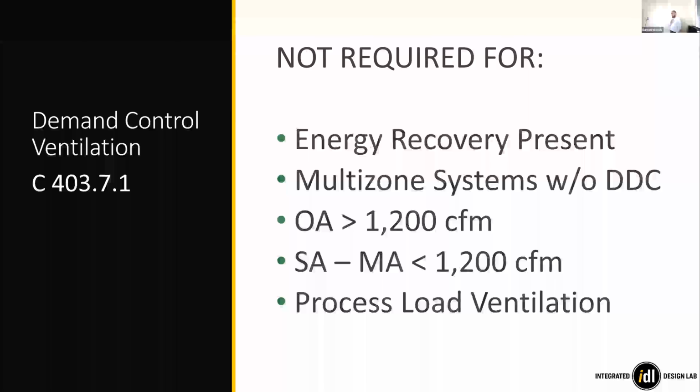If you've got multi-zone systems without direct digital controls, a centralized control system, then you don't need to have demand control ventilation. Or if your outdoor air is less than 1,200 CFM. Or if your supply air minus your makeup air is also less than 1,200 CFM. Or if it's just process loads rather than occupant loads for ventilation.